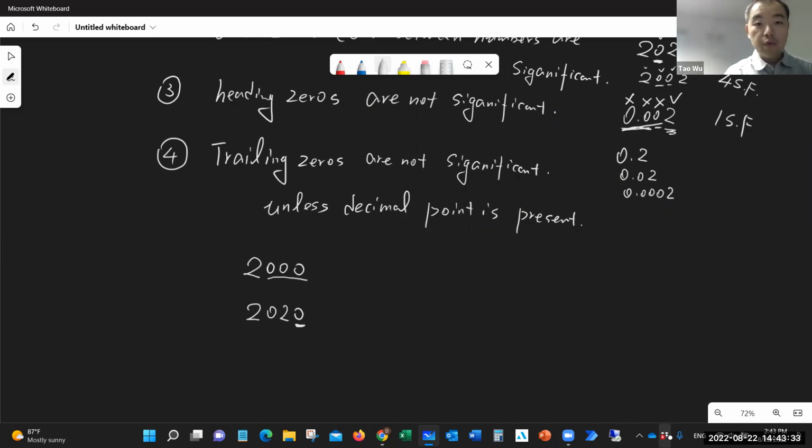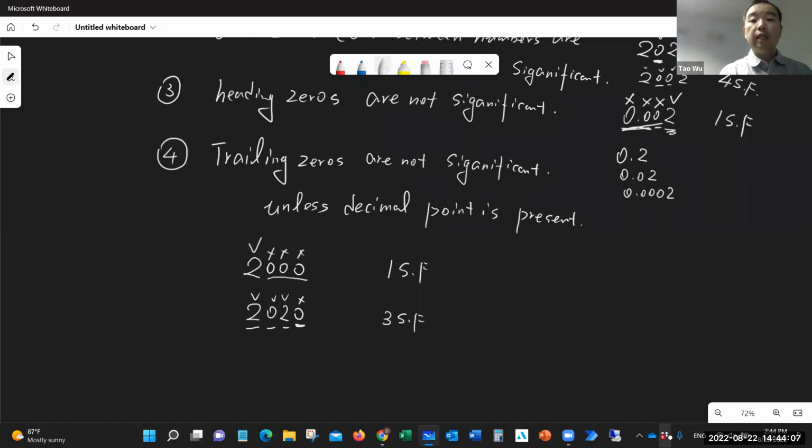So those two numbers do not have a decimal, so those zeros do not count. So that's why the first one, 2000, only has 1 sig fig, and for 2020, the first number is significant, and the zero between numbers is significant. So this has 3 sig figs. Are you with me? Okay.